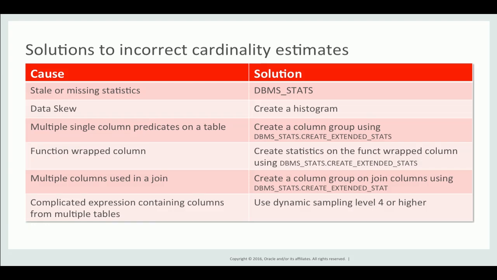The optimizer, as I showed you earlier on, assumes an even distribution of rows among all the values. Remember, the default cardinality estimate is total number of rows divided by the number of distinct values. The optimizer assumes there's an even distribution of values in the column. If there isn't, you should think about creating a histogram.